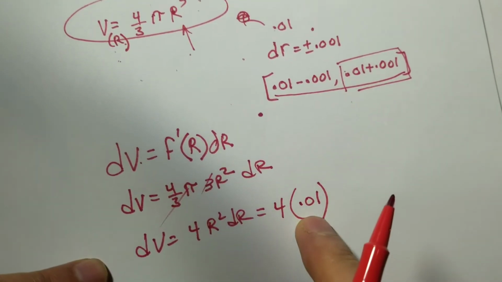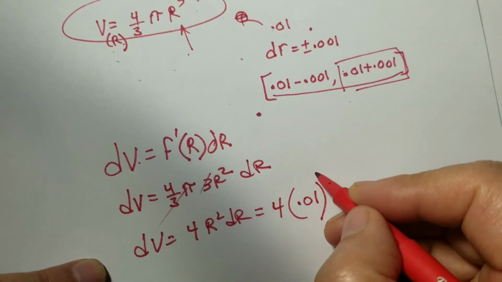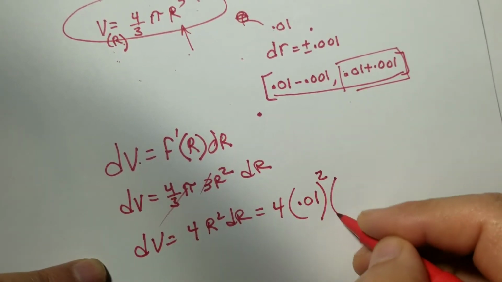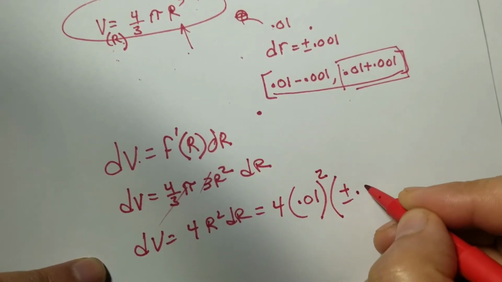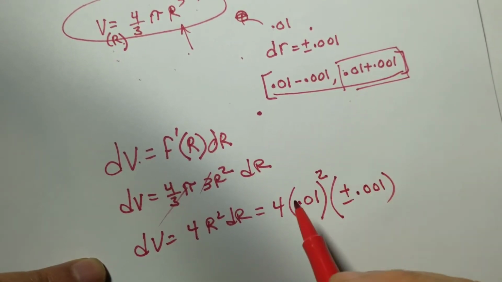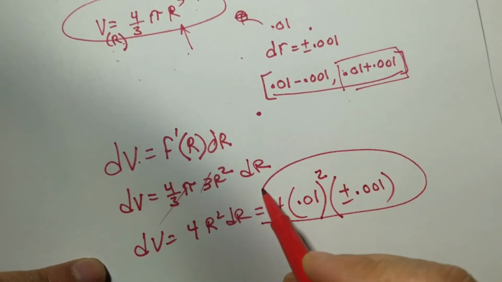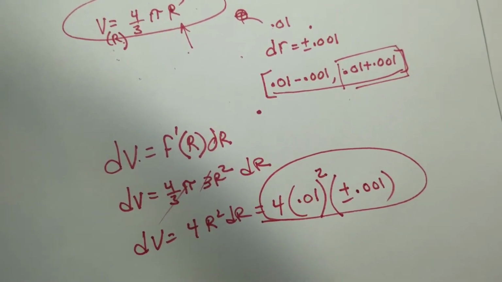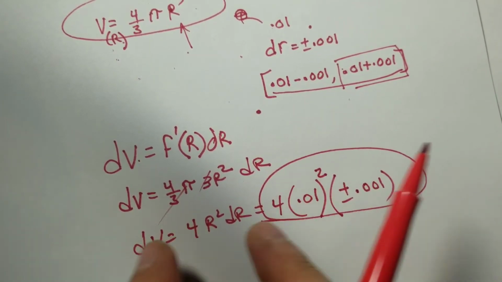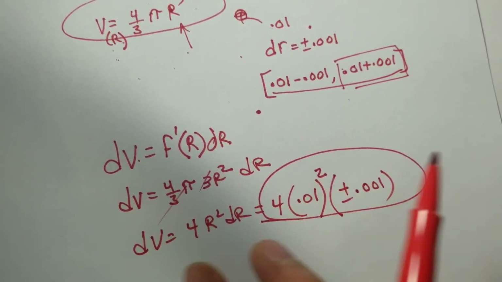What is the r I asked you to make the radius of my sphere? 0.01 of an inch. And what is the change in r you allow me for error? Plus or minus 0.001. Therefore, the volume of each of these spheres, or each ball bearing, is between one number and another number.